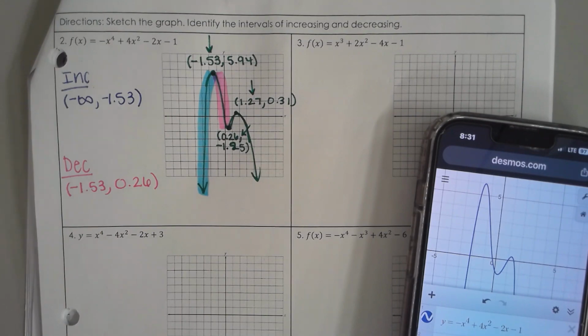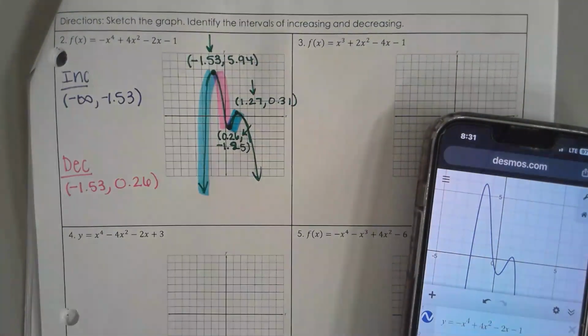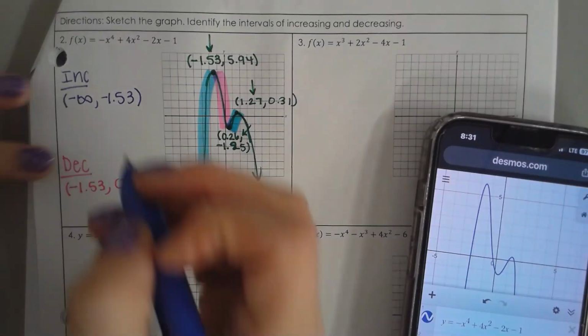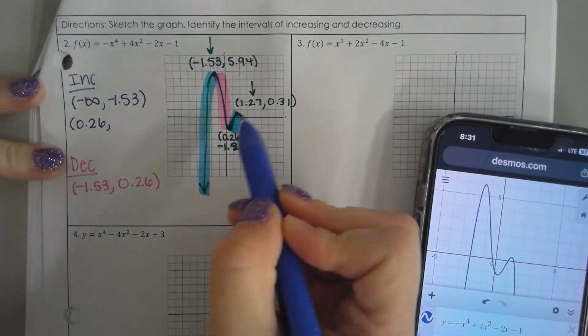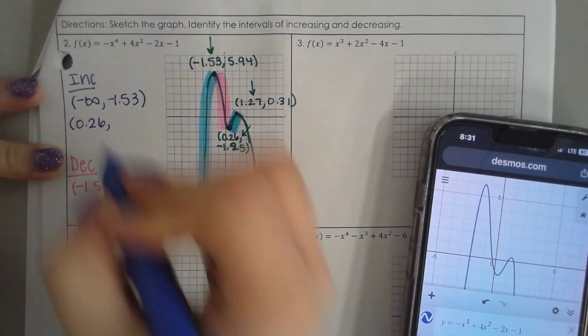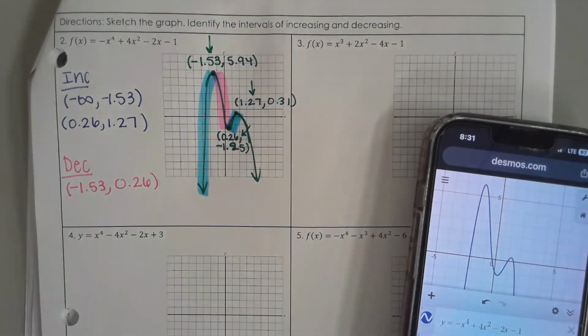And then I'm going to go back up just a little bit from 0.26 to 1.27.